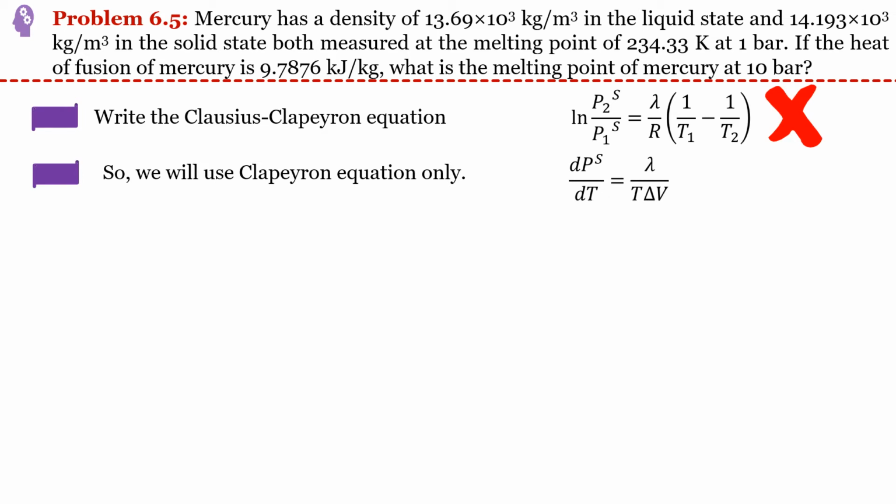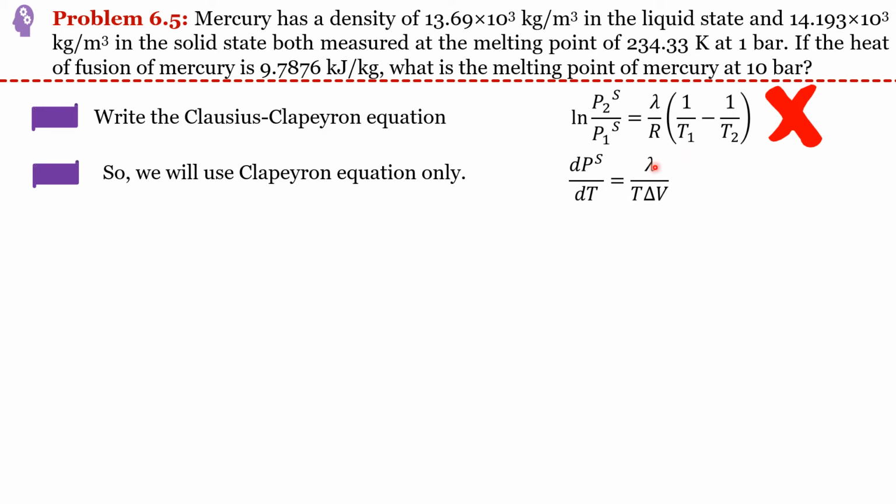The Clapeyron equation is dP saturated divided by dT equals lambda divided by T times delta V. If we make certain assumptions over this equation, we can arrive at the Clausius-Clapeyron equation, but here we want to use the original Clapeyron equation.